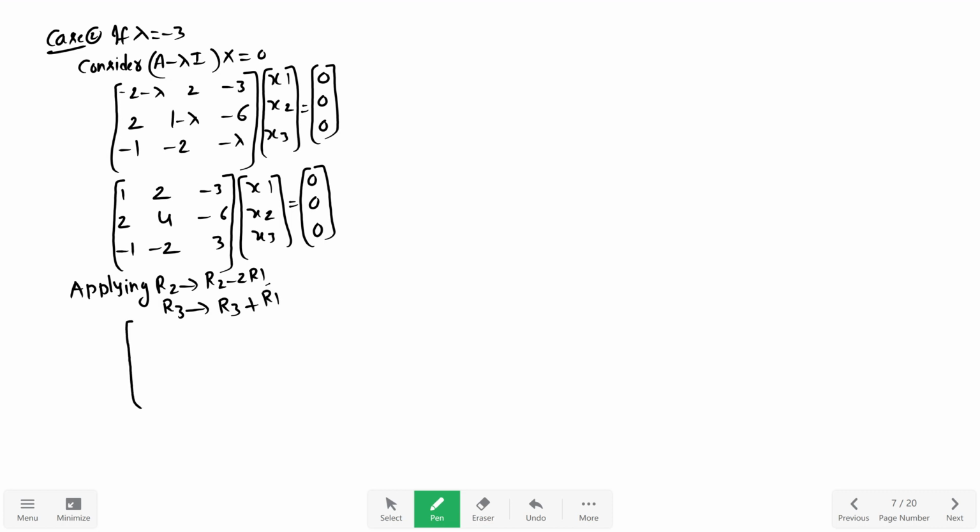So this matrix is 1, 2, minus 3 in the first row.